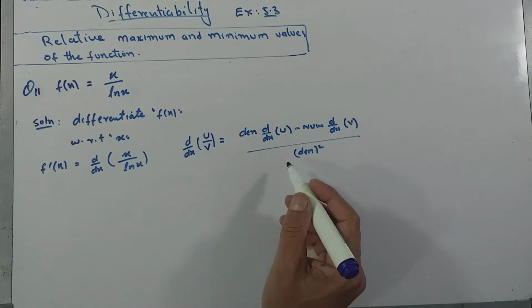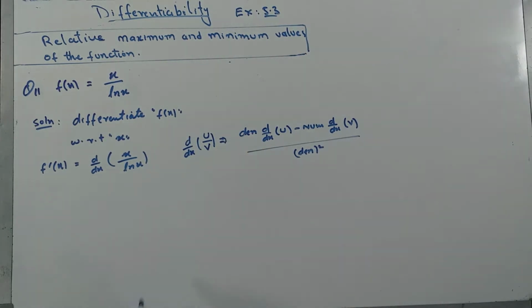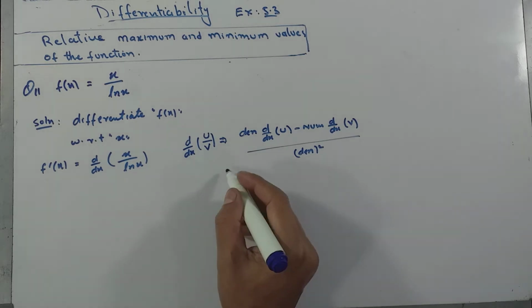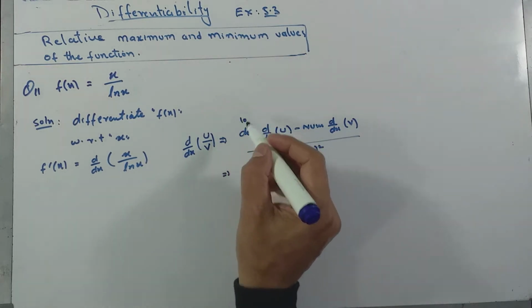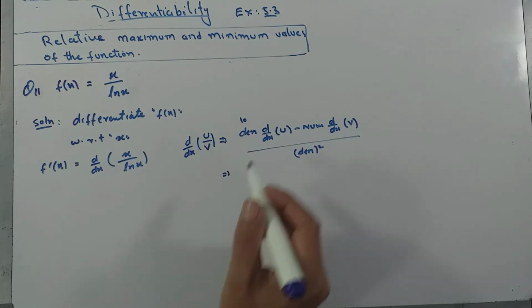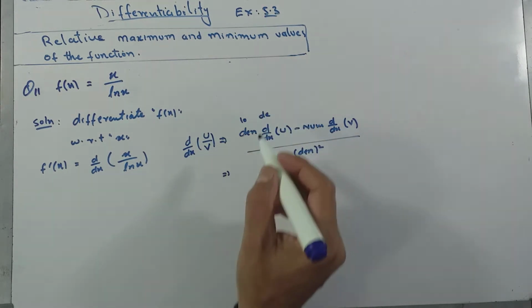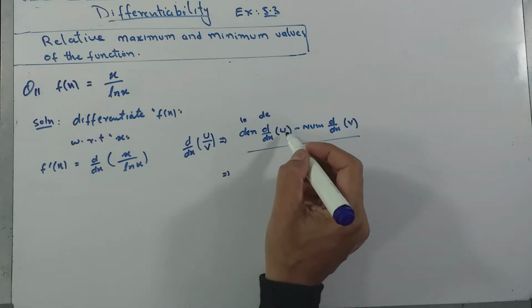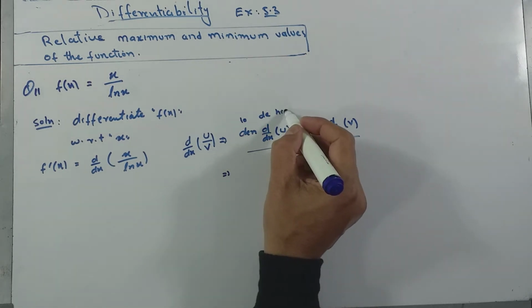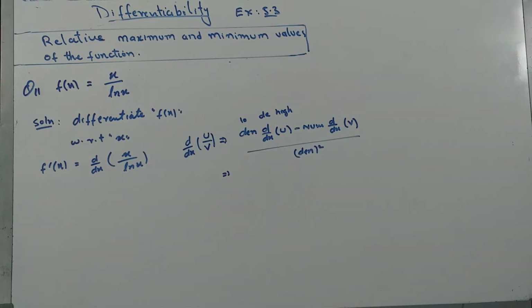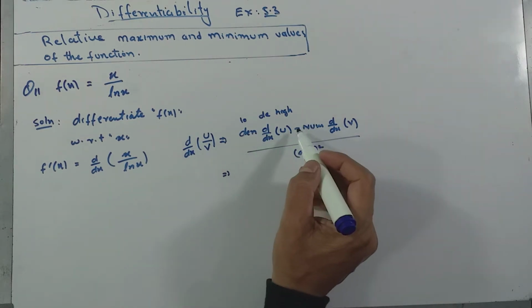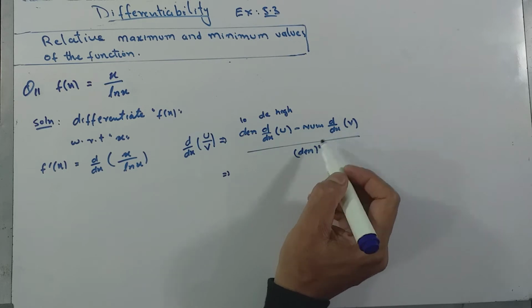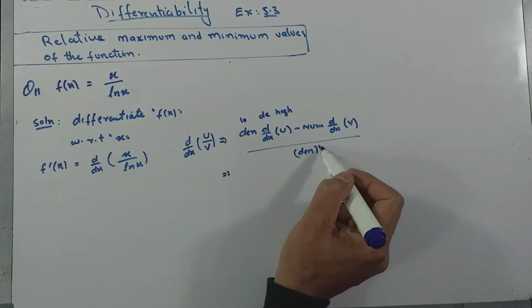If I make it a little easier for you, we can call the denominator low, d the derivative, and the numerator high. So low d high minus high d low over low square.